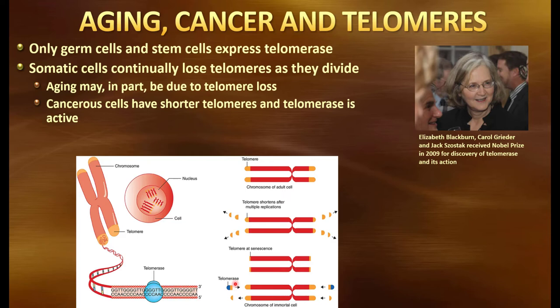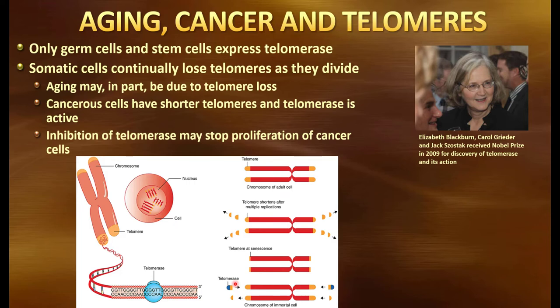We would like that perhaps to be the case for a healthy cell. If we could target cancer cells and inhibit their ability to express telomerase, we might be able to get those cells to age and die more naturally so that they don't continue to reproduce. By the same token, we might be able to take healthy cells and express telomerase in them so that they can survive a little bit longer.